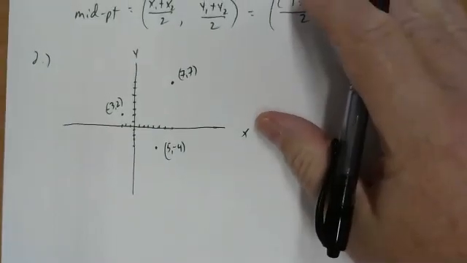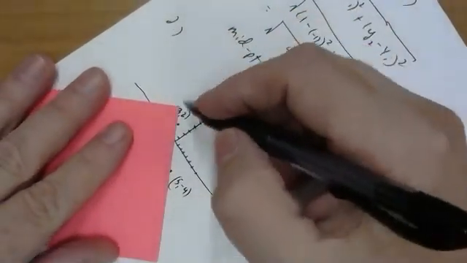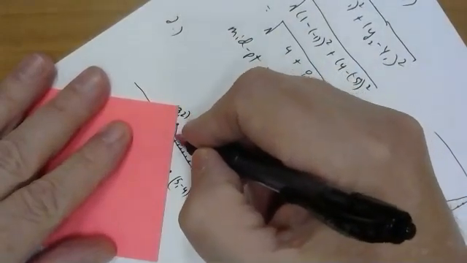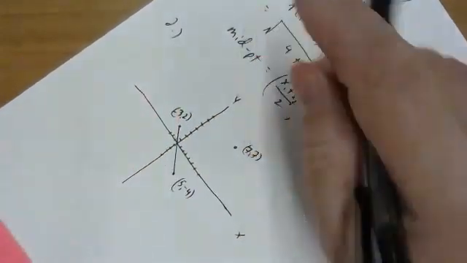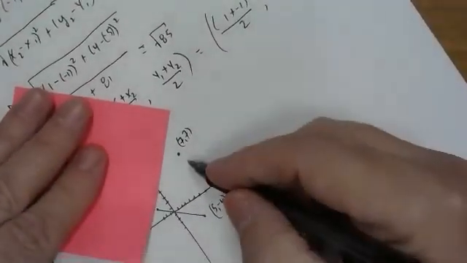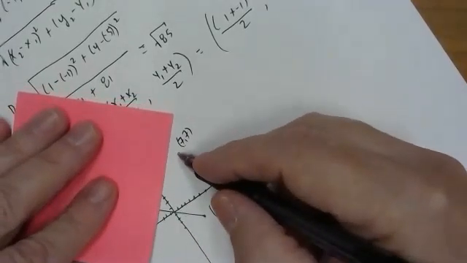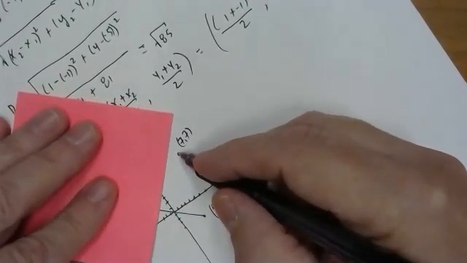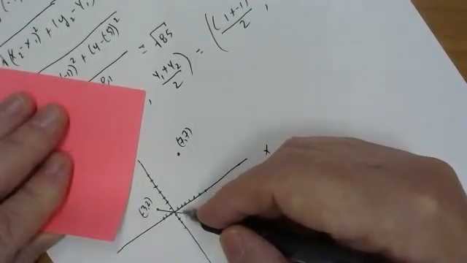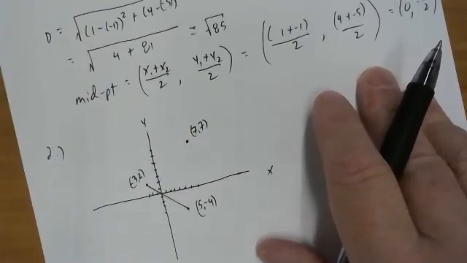So it's almost like we combine these two points with a line. And then perpendicular bisector means this line crosses this at a right angle, and it does it right in the middle.